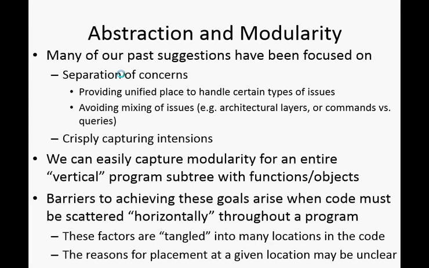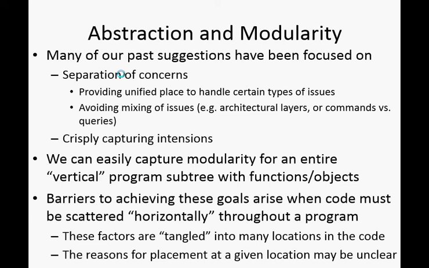So the broad setting associated with this work and motivation has to do with these concepts of abstraction and modularity that we've been pursuing in CMPT 478-16 in many different forms. We've articulated the ways in which abstractions in achieving modularity can offer benefits to programs in the ways that separation of concerns, by providing unified places to handle certain types of issues in a program and having other issues handled elsewhere, can be beneficial.